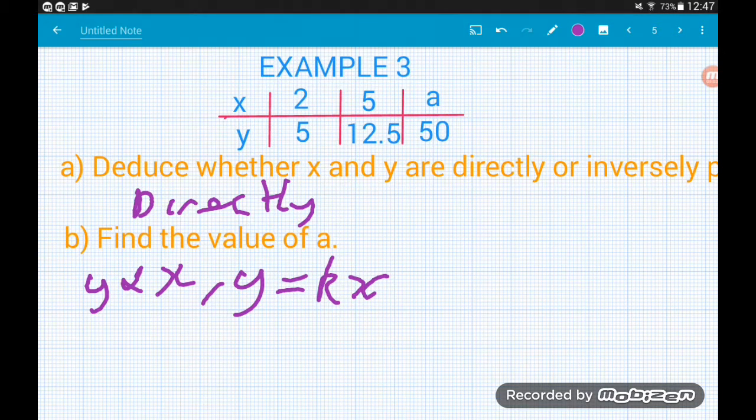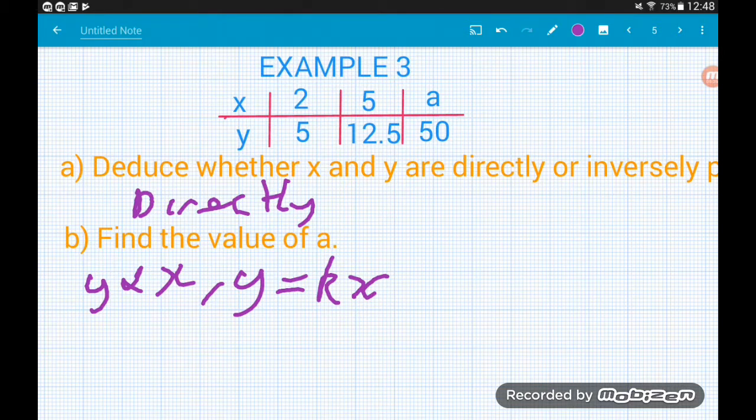Now we have a choice of initial conditions here. We either know that when x is equal to 2, y is equal to 5, or when x is equal to 5, y is equal to 12.5. Now I would always go for the smaller numbers. Generally, smaller numbers are easier to deal with. So when x is 2, y is 5.